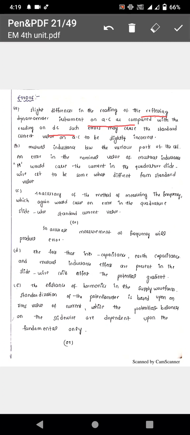When the instrument is used for DC measurements, there is no frequency. When the same potentiometer is used for AC measurements, some instruments give wrong readings, that is, frequency errors will come. The accuracy of the method of measuring frequency causes error in the quadrature or slide wire standard current value.